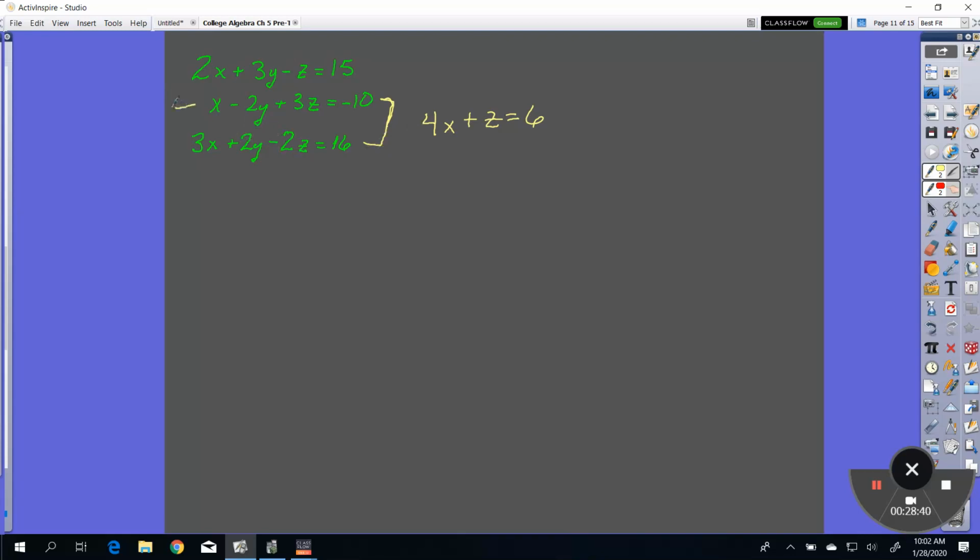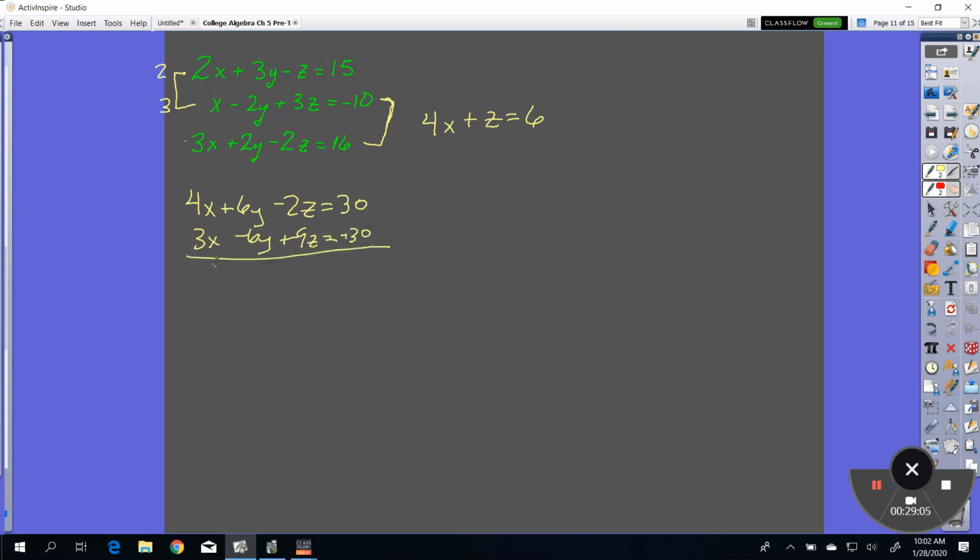I'm going to combine these two. I could have combined the top one and the bottom one as well, but it has to be the top one and one of the other ones. And I'm going to get rid of y as well. So that means I've got to multiply this by 2 and that by 3. So that makes 4x plus 6y minus 2z equals 30. 3x minus 6y plus 9z equals negative 30.